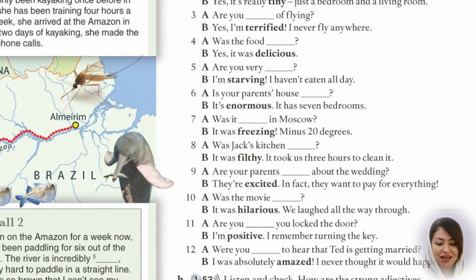Freezing. Was it cold in Moscow? So 8, was Jack's kitchen dirty? It was filthy. It took us 3 hours to clean it. Filthy. So the normal adjective for this is dirty. We can say, was Jack's kitchen dirty?